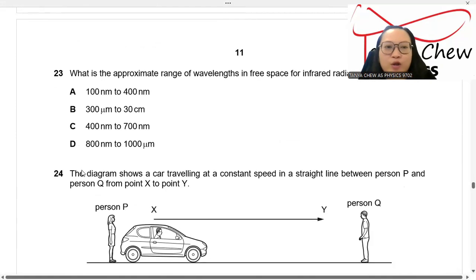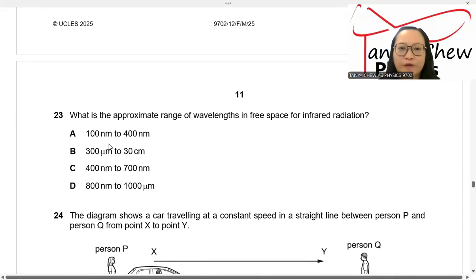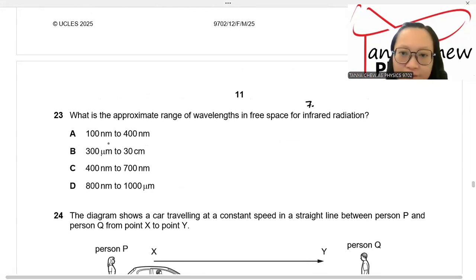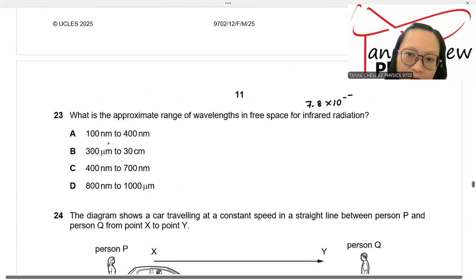Number 23, what is the approximate range of wavelengths in free space for infrared radiation? Now, the range of wavelength for IR, infrared, is about 7.8 times 10 to the power negative 7 to 1 times 10 to the power negative 3 meter. Let us look at the first one.